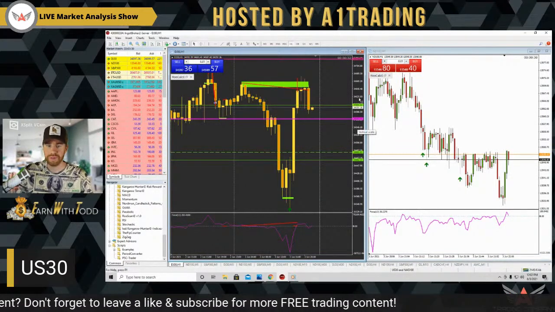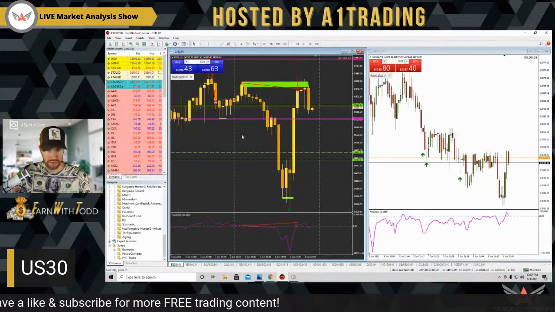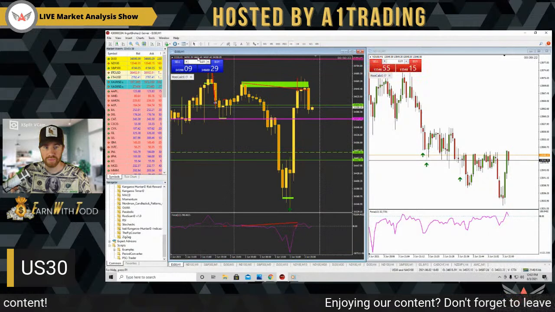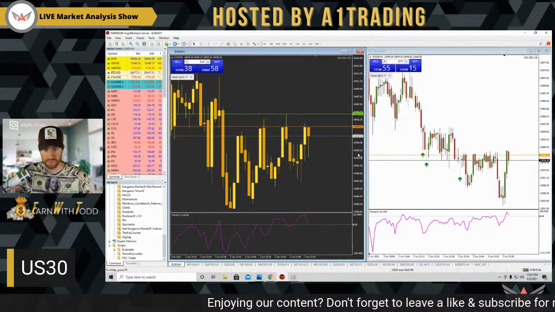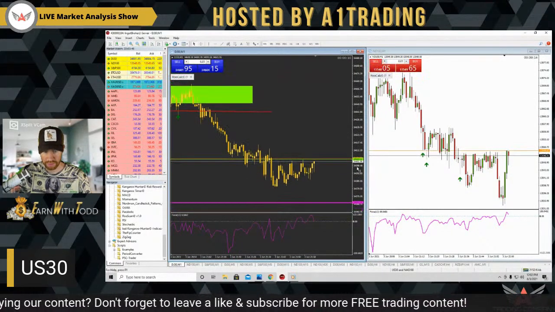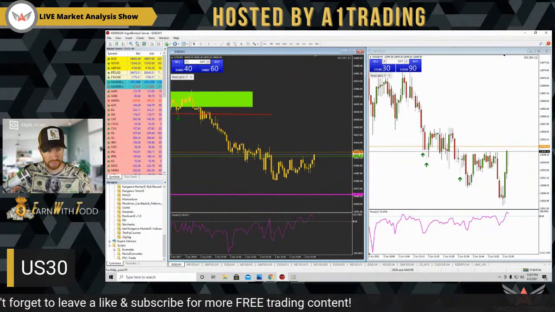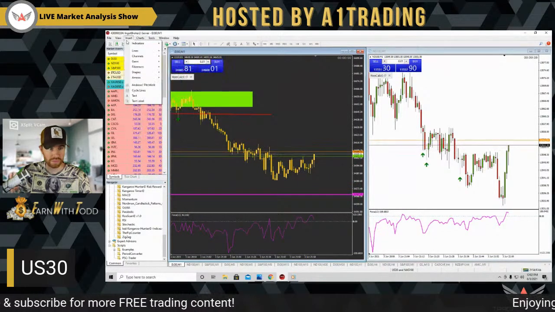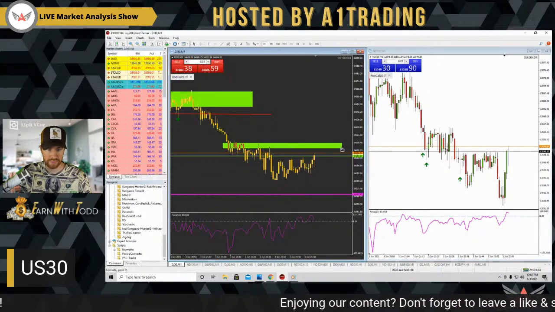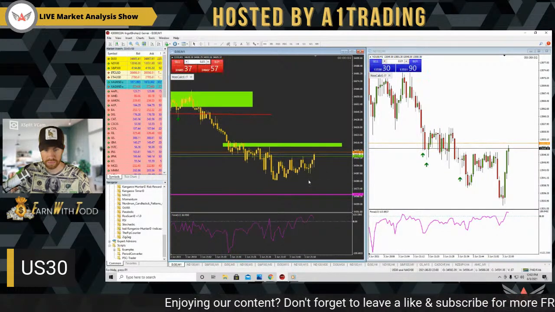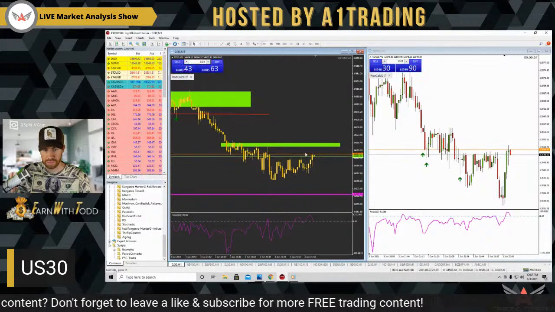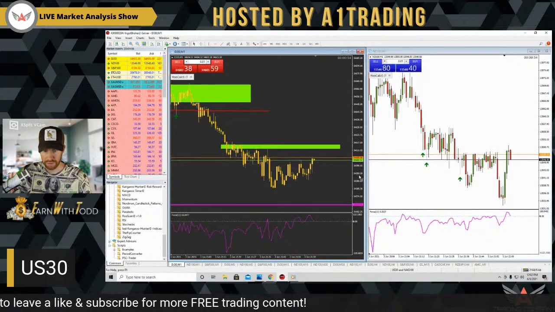Maybe try to grab 5 Rs or 6 Rs. I think US 30's got room to drop down in these zones here. Pretty choppy right now, though. Yeah, I could see price falling down here at 34,560.